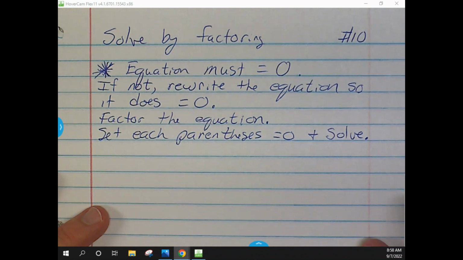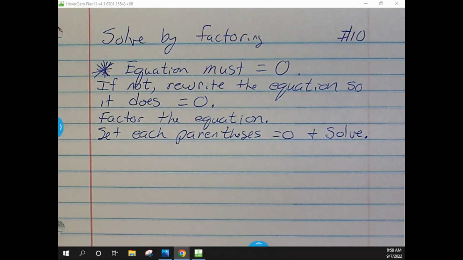The solving on these should be really easy because you're going to have like x plus 3 equals 0 and 2x minus 1 equals 0. So the solving is going to be really easy. For solving by factoring, that's all you're going to do. It's got to equal 0, if it doesn't, rewrite it so it does. Then you factor the equation, set each parentheses equal to 0, and then you solve it.